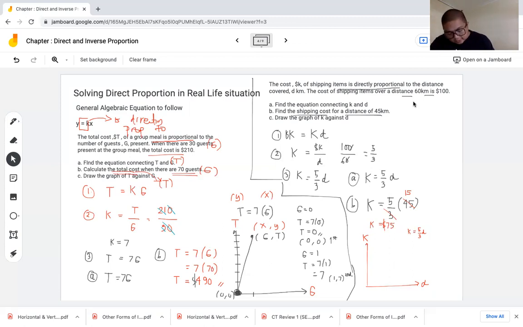So the first one, and the one that we always do here, is to put the particular value of X as 0. So if we're going to calculate this one, this is going to be 5 over 3 times 0. So automatically we know that the K is 0, which tells us that the point is equivalent to 0, 0.